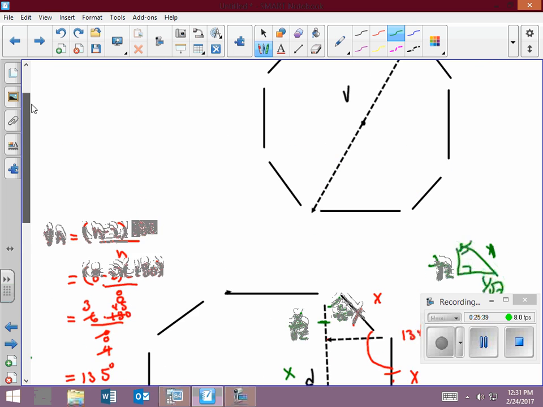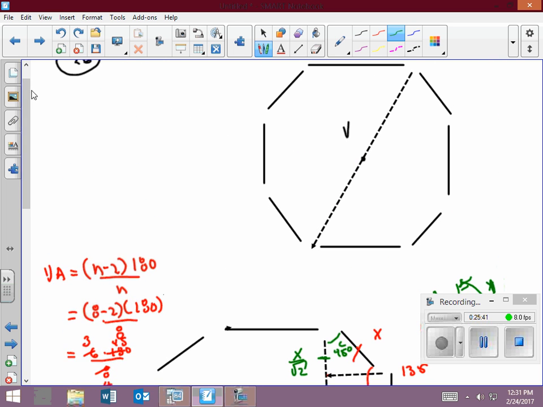So now back up here, we've got that. This side is x plus the square root of 2x, and this side is x, right?